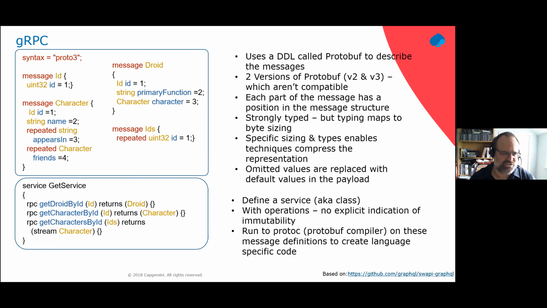And basically you can see here, you define a message, and note how the data types are a lot more stringent. We're talking about an unsigned integer of 32 bits in the message ID, which is a lot more strict in its definition.